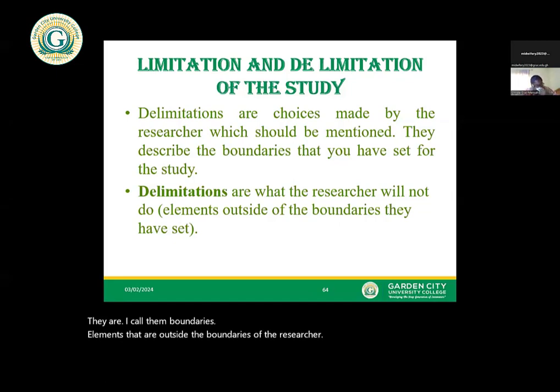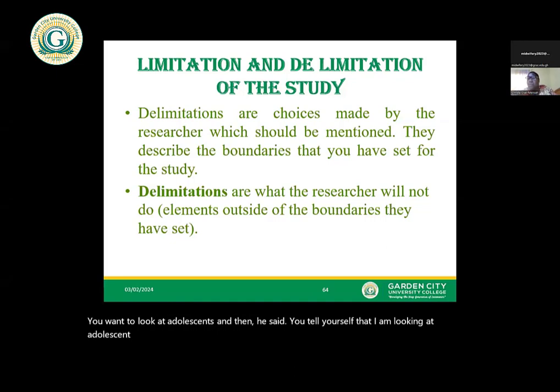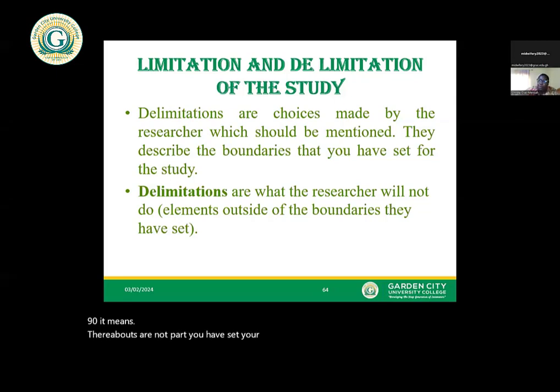You want to look at adolescents, and then you tell yourself that I'm looking at adolescents age 15 to 19. It means that 14 and thereabouts are not part. You have set your boundary. That is what we call delimitation.